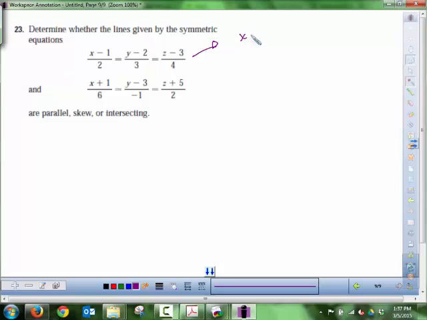So x is equal to 2t plus 1. Y is equal to 3t plus 2. And z is equal to 4t plus 3.